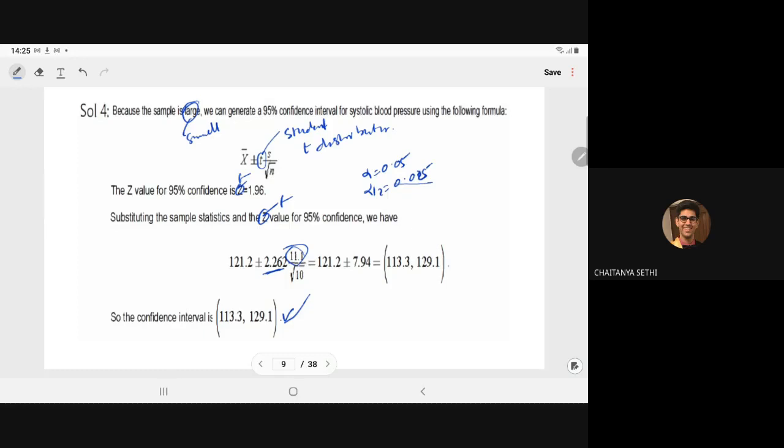So the degree of freedom would be n minus 1 for the t distribution. Sir, why do we take exactly n minus 1? Actually, n minus 1 is when we know the sample mean. We know the sample mean, so we have the freedom to choose any n minus 1 samples. The nth sample can automatically be written.